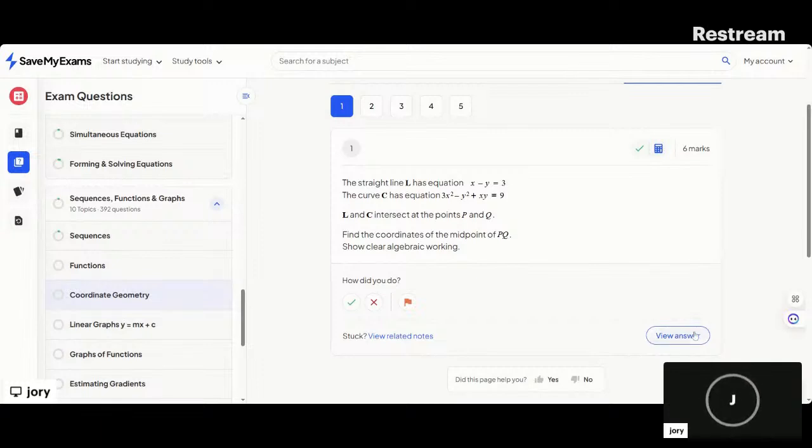Midpoint equation is x1 plus x2 over 2, y1 plus y2 over 2. So 2 plus negative 3 divided by 2, negative 0.5, comma, negative 1 plus negative 6 over 2. That's your midpoint.